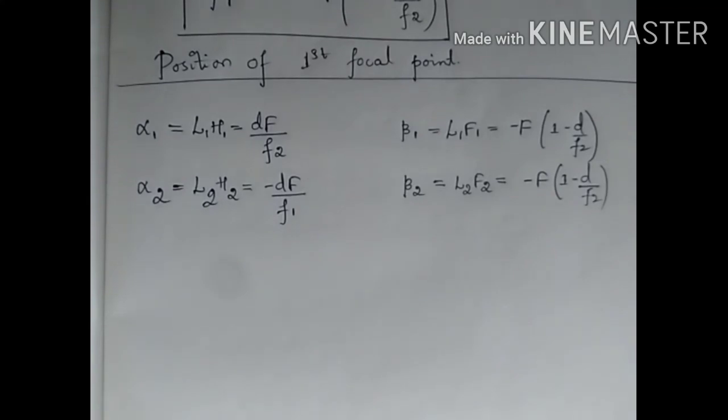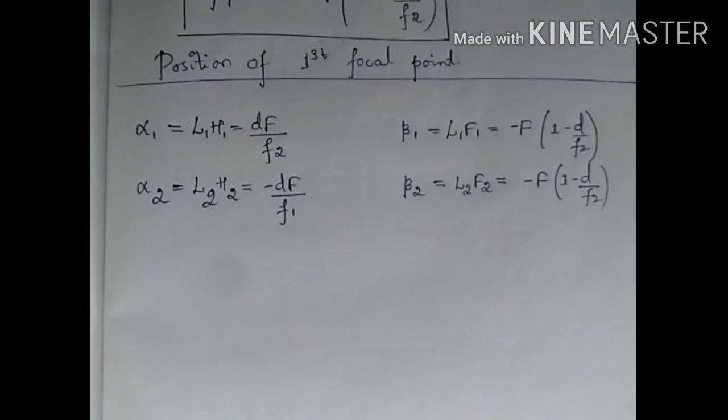In the next section we'll solve a few problems related to the second chapter that we have discussed so far. So this ends chapter 2, unit 2, the cardinal points of an optical system.